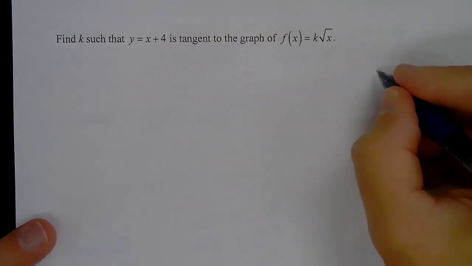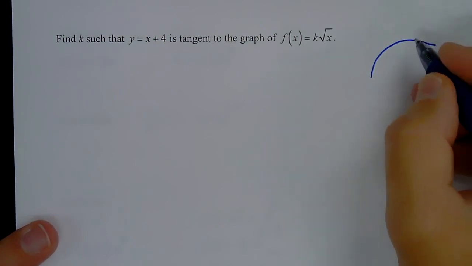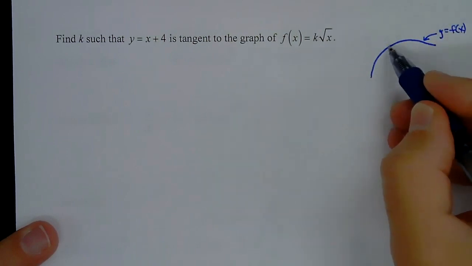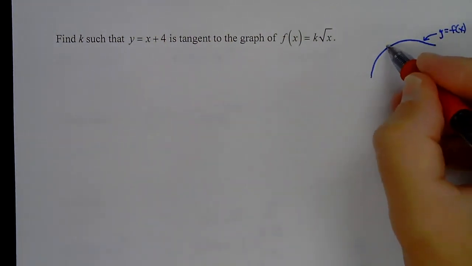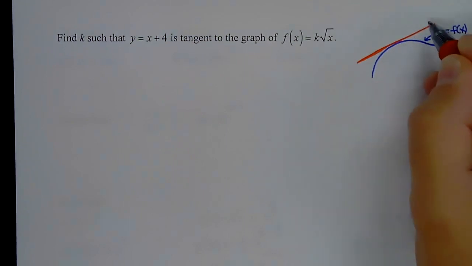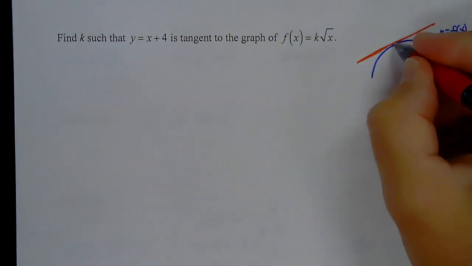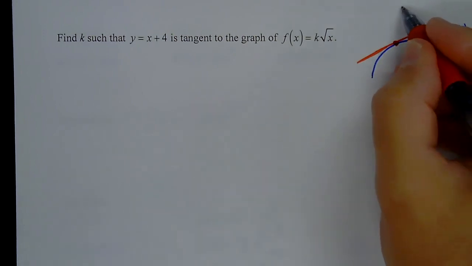So I'm gonna draw a picture first to help us understand. So here we have a function. This is f of x, so y equals f of x. And then I'm gonna use a different color, so let me grab a different colored pen. And then this right here, let's say that's the tangent line, okay? So if that's the tangent line, this would be the point right here. The tangent line could have an equation like this.